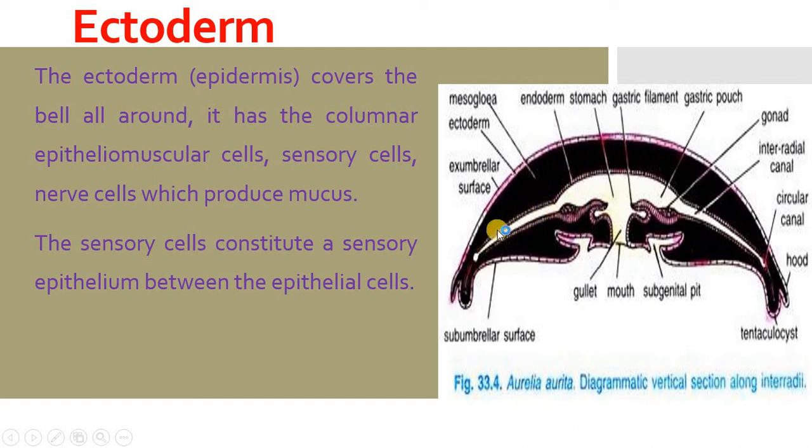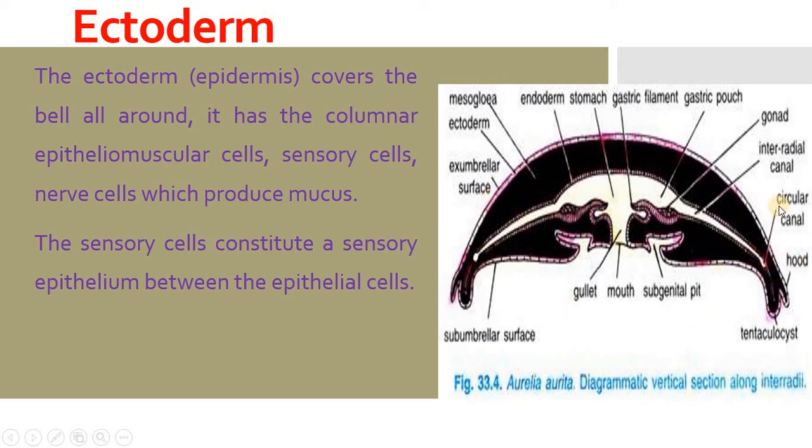You can see this is the endoderm. Then in the picture you can see the squarish mouth, gullet, subgenital pit. This is the subumbrellar surface which is concave in shape, and this is the exumbrellar surface which is convex in shape.